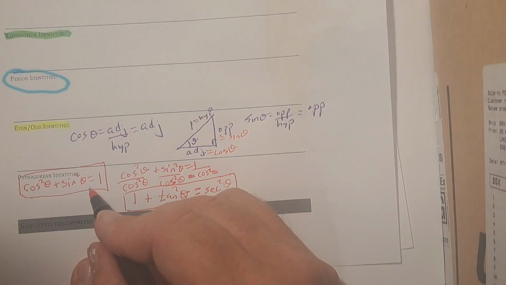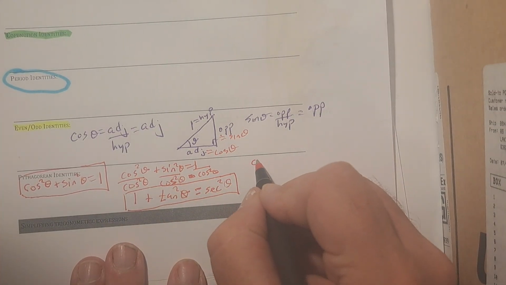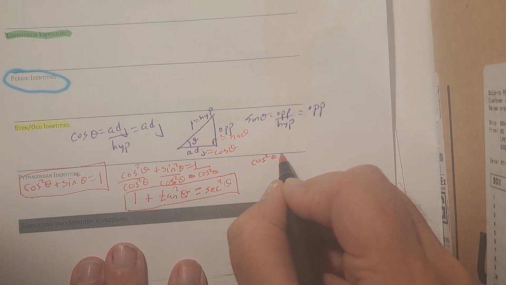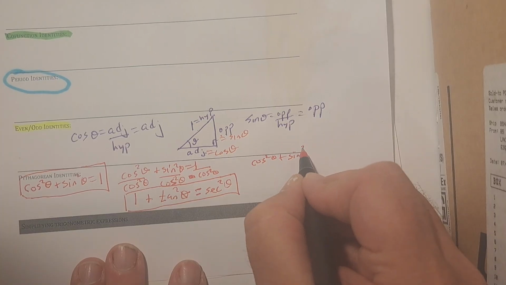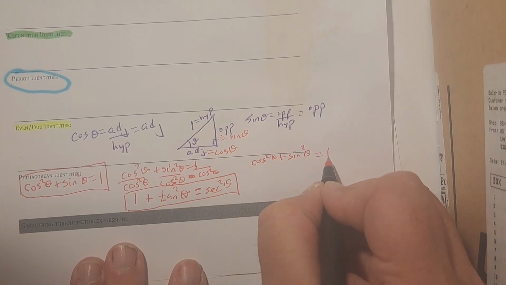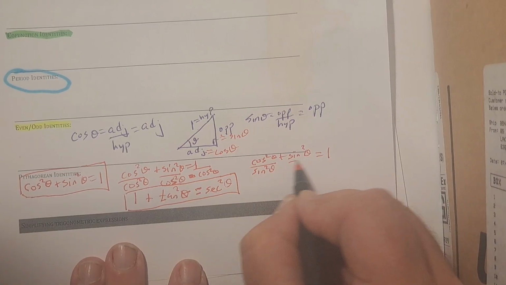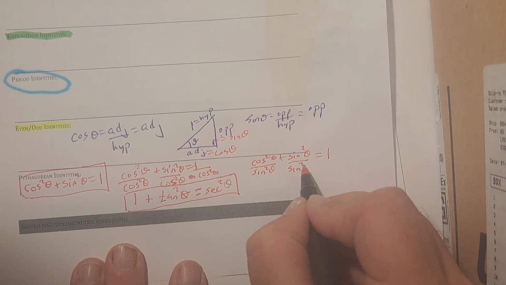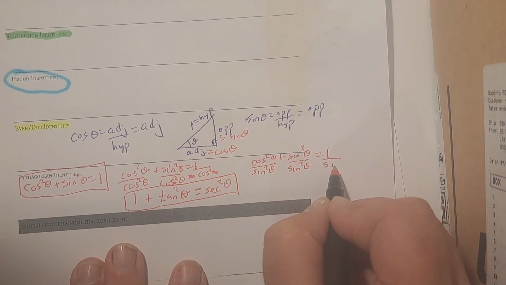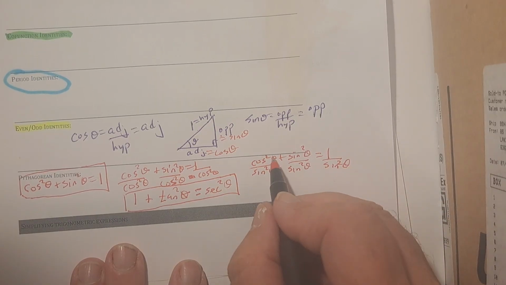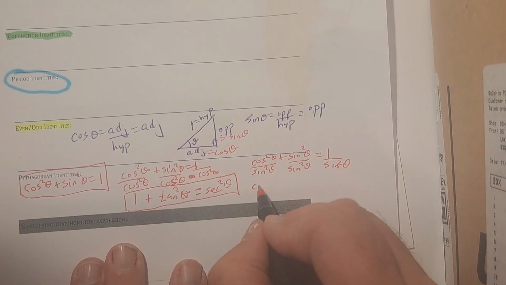On the other hand, if you start where we started with the first one again, cosine squared theta plus sine squared theta equals 1, and you divide everything by sine squared, you get a different expression that's just as valid as the other two. Cosine squared divided by sine squared is cotangent squared.